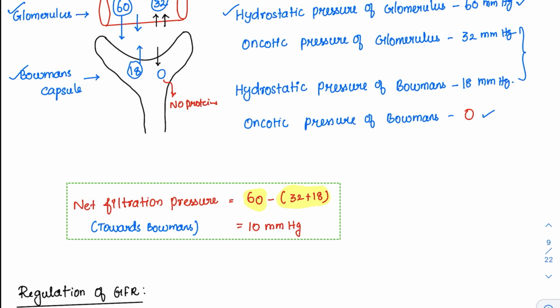This 10 mm of Hg is dominated by the hydrostatic pressure. It is the pressure causing filtration to happen, and it is also called net filtration pressure. And in which direction? It is towards the Bowman's. That is the reason for the entire GFR.